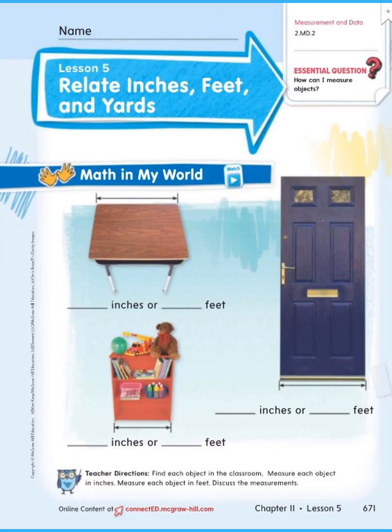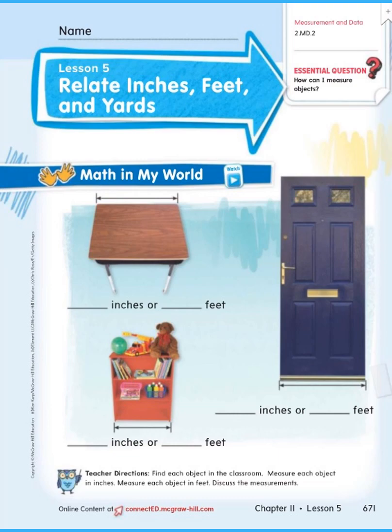All right, so we are on page 671. Lesson 5 says relate inches, feet, and yards. Now, it's very important to remember what we did in the last lesson because some of us may not have these objects, or the objects that we have at home might not be the same. I'm going to be giving you some of the measurements and you'll just be completing them.